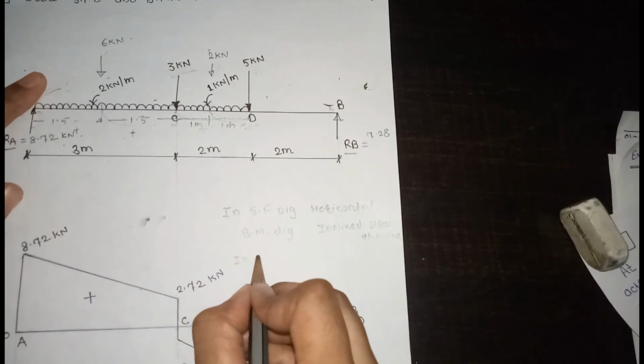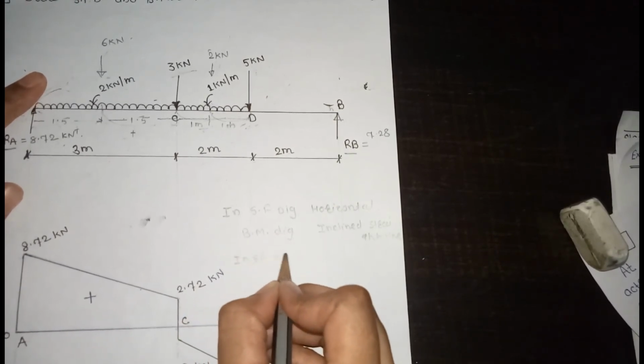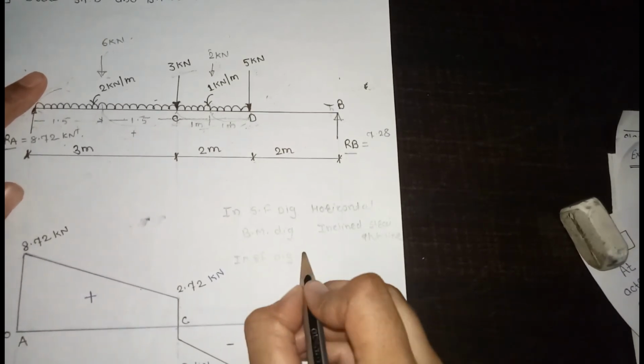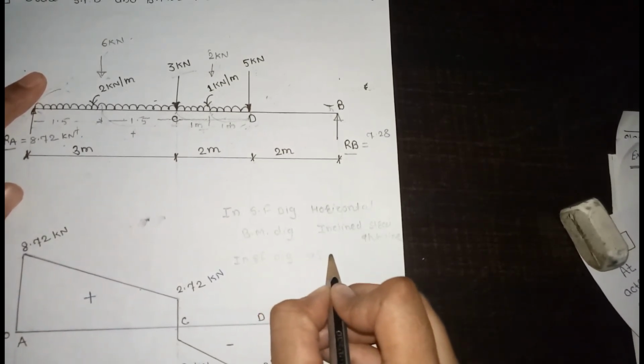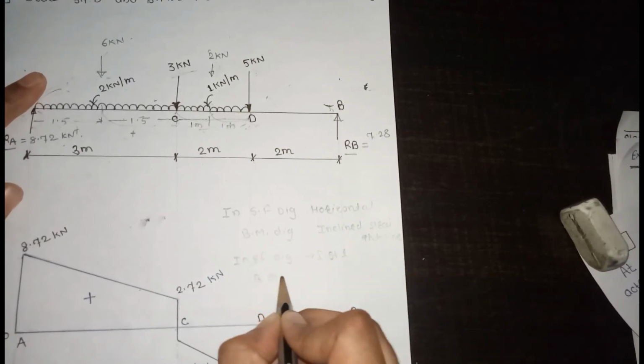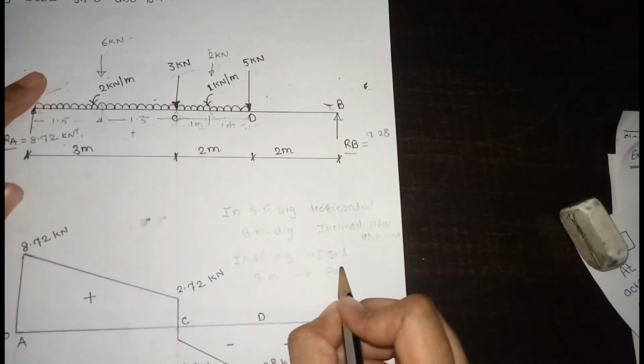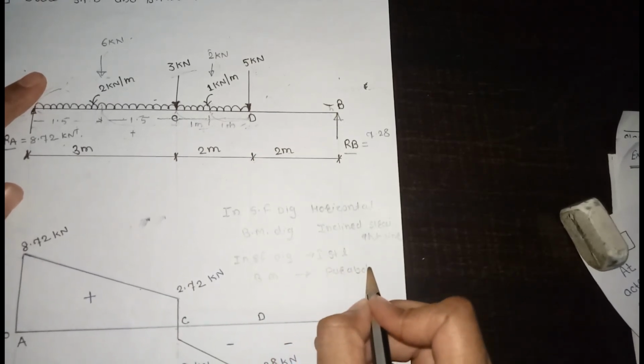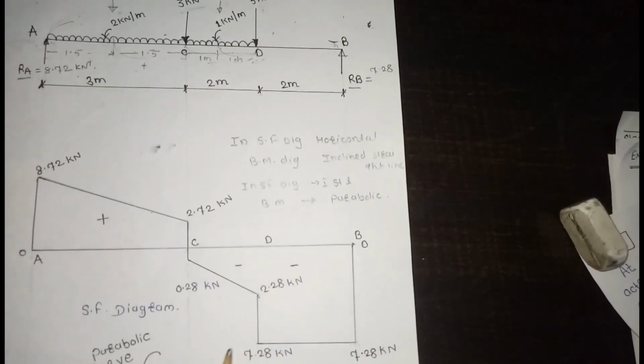And in the SF diagram inclined straight line, so the BM diagram is shown by a parabolic curve. And when shear force is maximum, bending moment is 0, and when shear force is 0, then bending moment is maximum. Thank you.